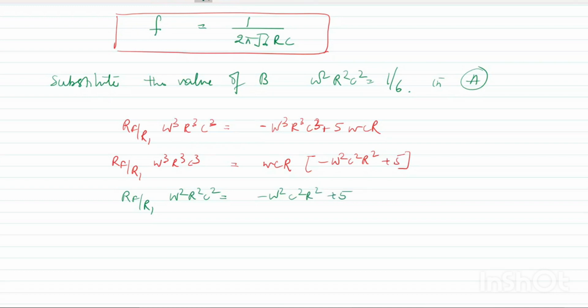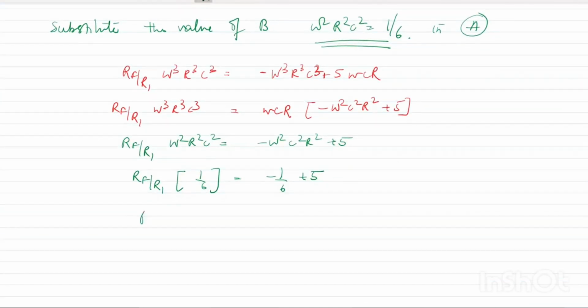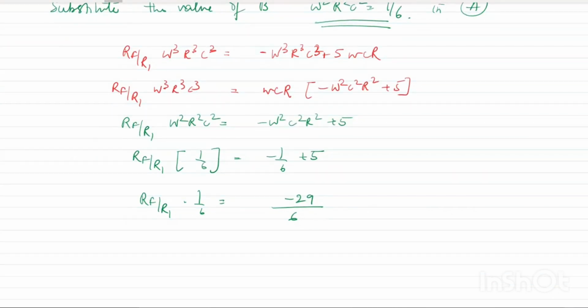Now, can we put the value of omega square R square C square as 1 by 6? हमको ऊपर मिला omega square R square is 1 by 6. So I'm putting here value of RF upon R1 as यहाँ पे ऐसे ही रखो, बाकी 1 by 6 minus 1 by 6 plus 5. So what I'm getting here is RF upon R1 into 1 by 6. इसको simplify करो कितना आ रहा है? Minus 29. Right? 30 minus 1 is minus 29.